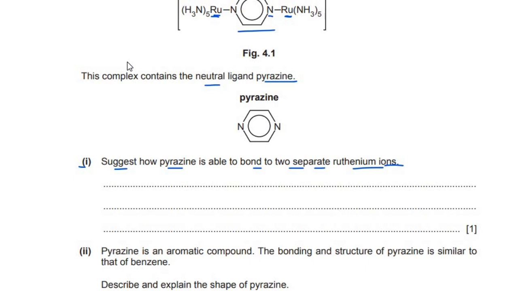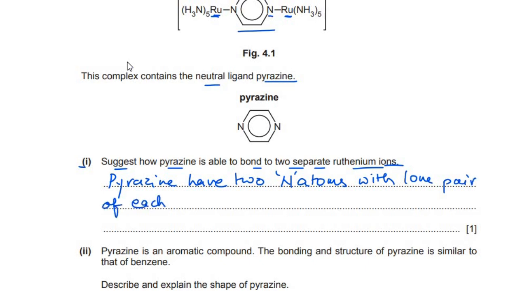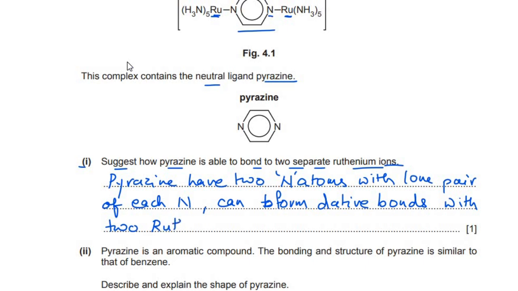So as simple as that, we can say that pyrazine has two nitrogen atoms with lone pairs, and the lone pairs of each nitrogen can form dative bonds with 2 ruthenium ions.